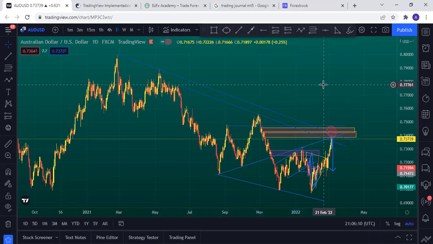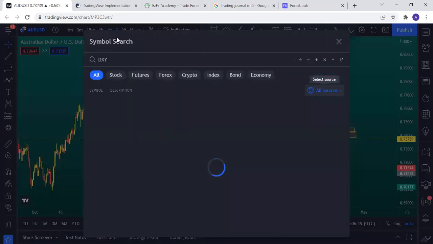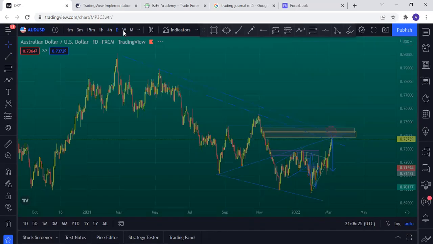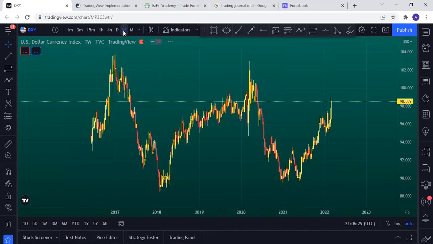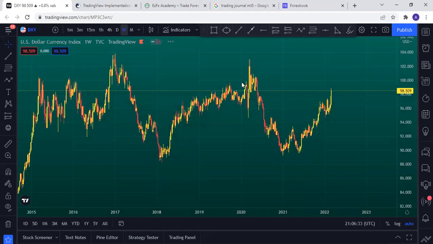All right, I think we've not done an analysis on DXY. We're going to do that. Let's do that before we look at USD JPY. Let's quickly take a look at DXY. All right, this is DXY on the weekly time frame.